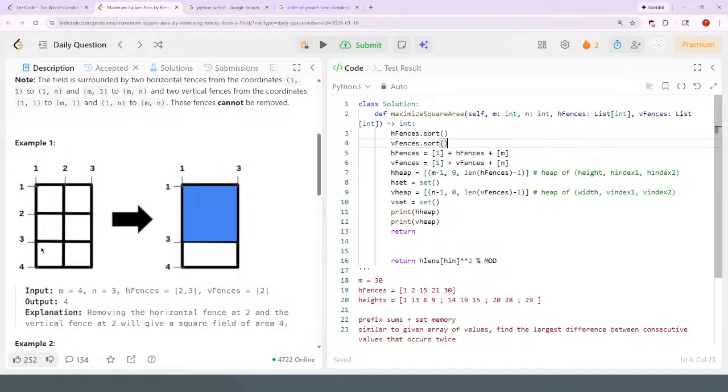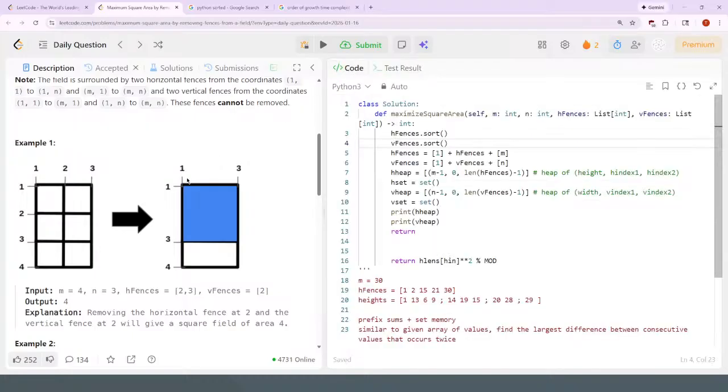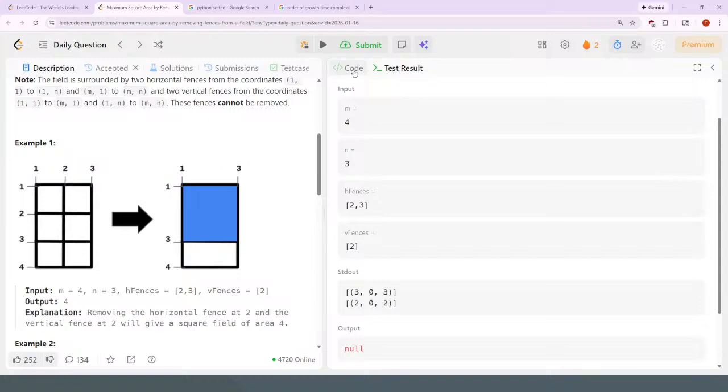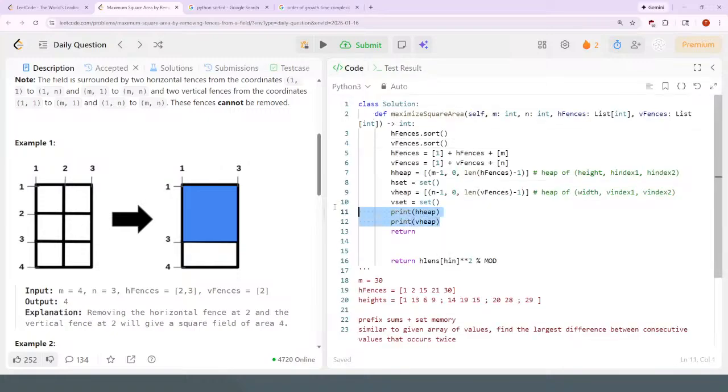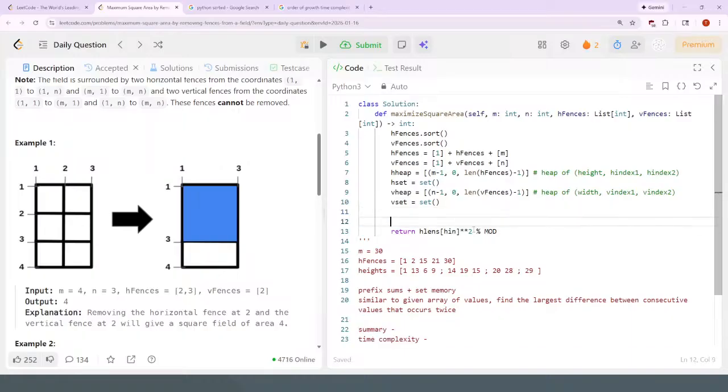So it should be the longest thing, which is 3, index 0 to index 3. And then the other one, the longest thing would be 2, index 0 to index 2. Okay.